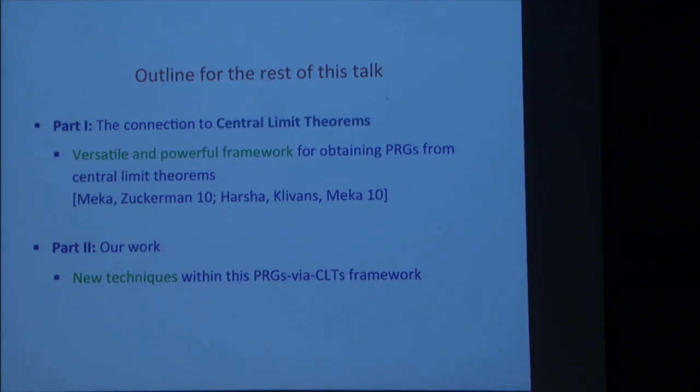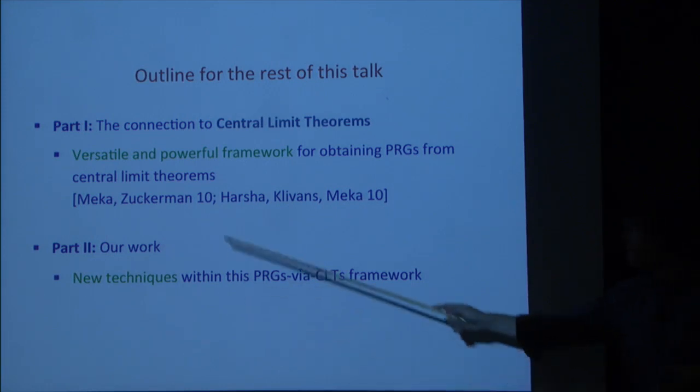For the rest of the talk, what I hope to do is back up a considerable way and get a running start on telling you about our work. I'm going to start by explaining the connection between pseudorandom generators for half spaces, or at least the particular approach we take to pseudorandom generators for half spaces. It turns out that it's intimately connected to central limit theorems. So this analogy with, or inspiration from, proofs of central limit theorems turns out to be a really nice way of getting PRGs.